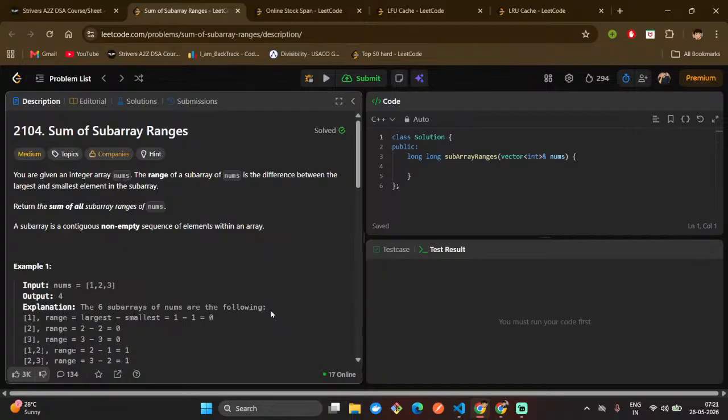This is a little bit complicated, right? How can we solve it?